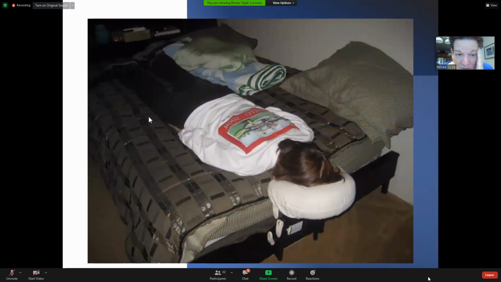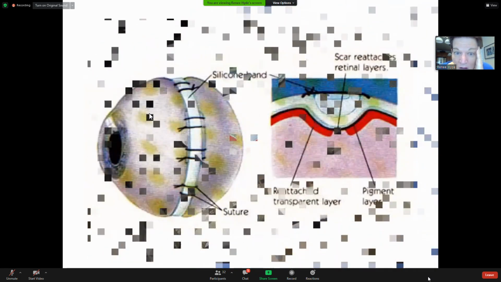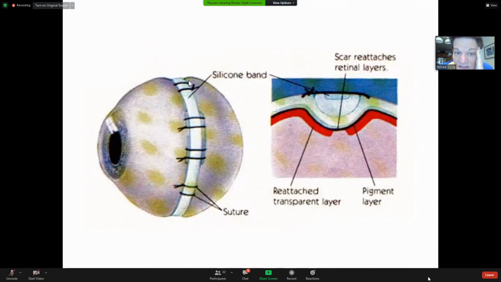then they may do what we call a scleral buckle. And that is a silicone band that goes on the outside of the eye. And so what they do is they basically sew the retina to this band. And this band stays there. I used to have a student that had one done, and she could turn her eye and you could see the edge of the band.